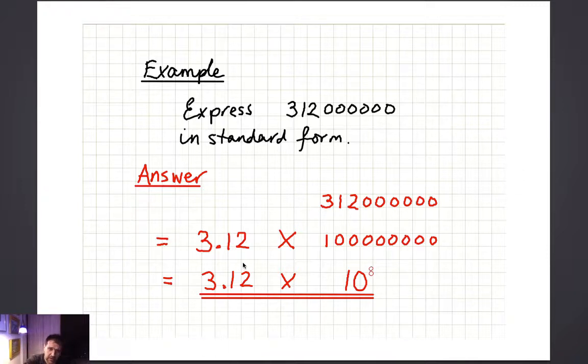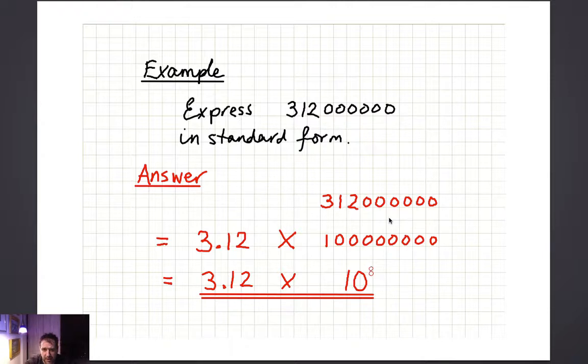And 3.12 times this number, that's a 1 with 8 zeros, is the same as 3.12 times 10 to the power of 8. When you see a number that's a 1 with lots of zeros, you've just got to count the zeros, and that's what it's 10 to the power of. So that's an easy pattern there.